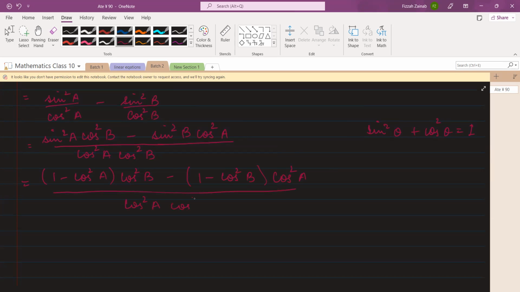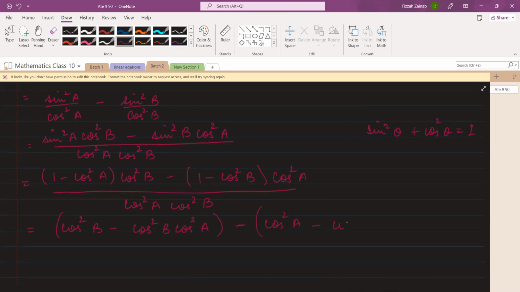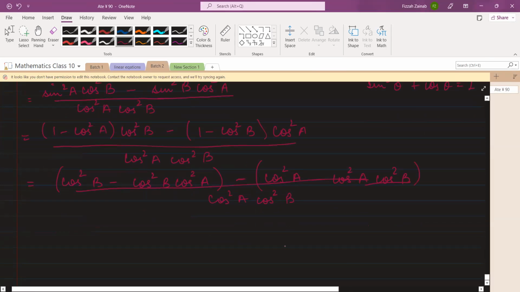Divided by cos square A, cos square B. So if you open the bracket now, you multiply. You get cos square B minus cos square B into cos square A. Please use brackets to avoid mistakes. Then minus, now multiply, so cos square A minus cos square A cos square B, divided by cos square A cos square B, right? Now you open the bracket of the numerator.